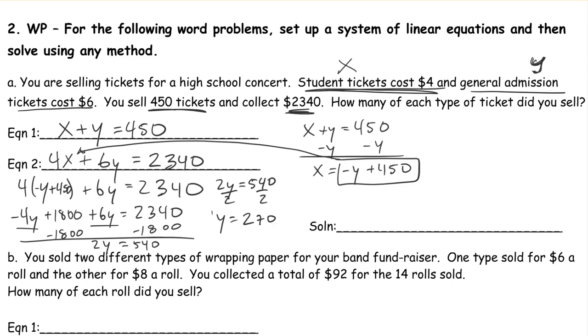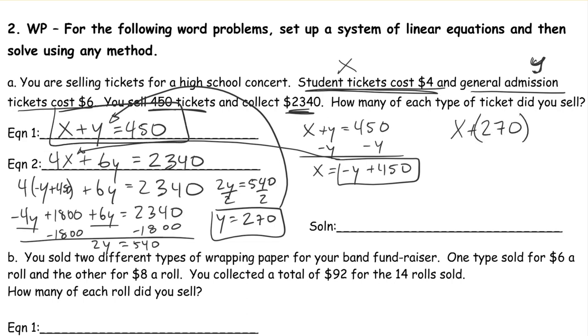So y is 270. So if we sold 270 general admission tickets, then that would be x plus 270, right, I'm using this equation here, equals 450, so we'll subtract 270 from both sides, and we get x equals, what's this, 180.